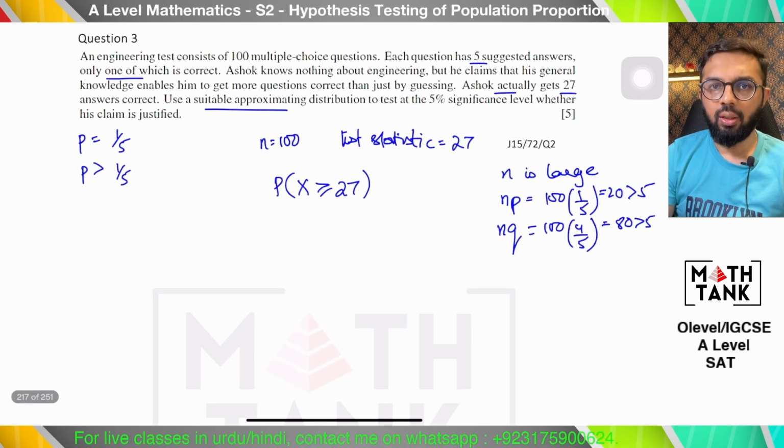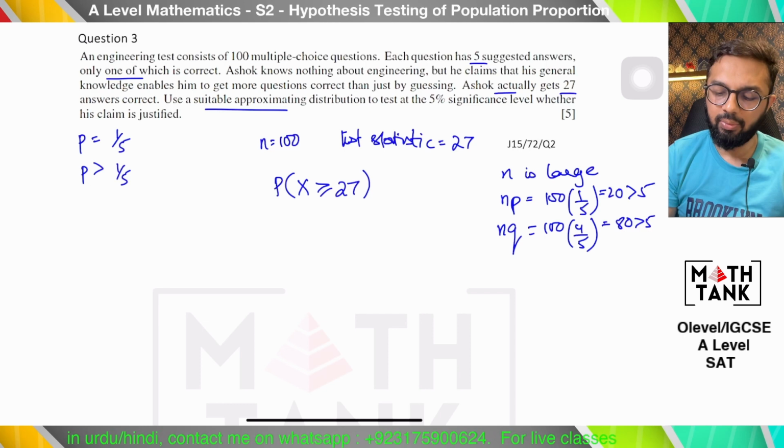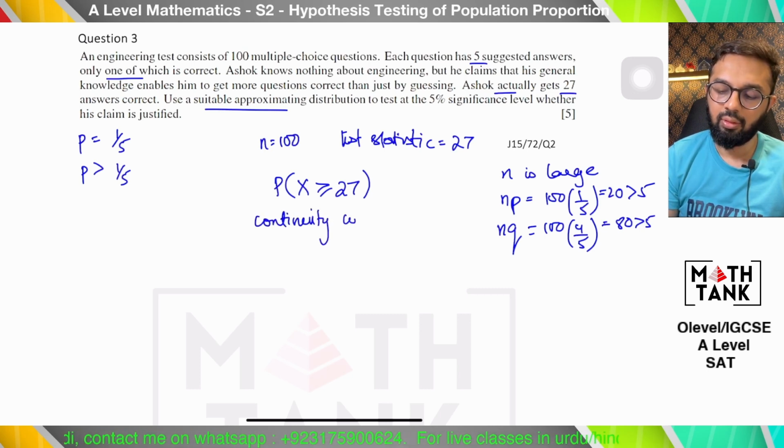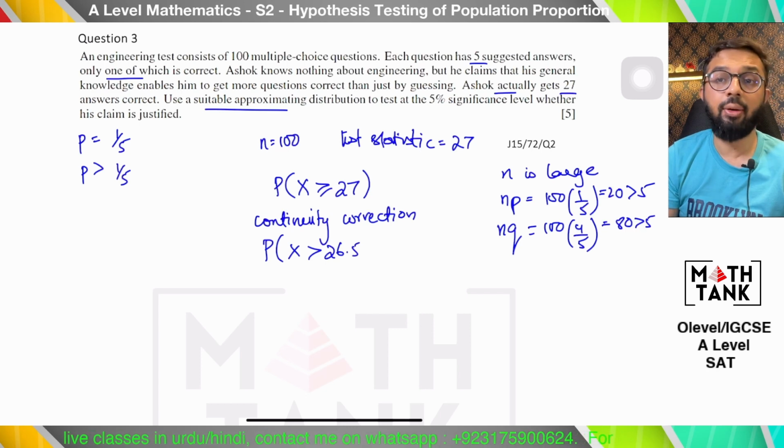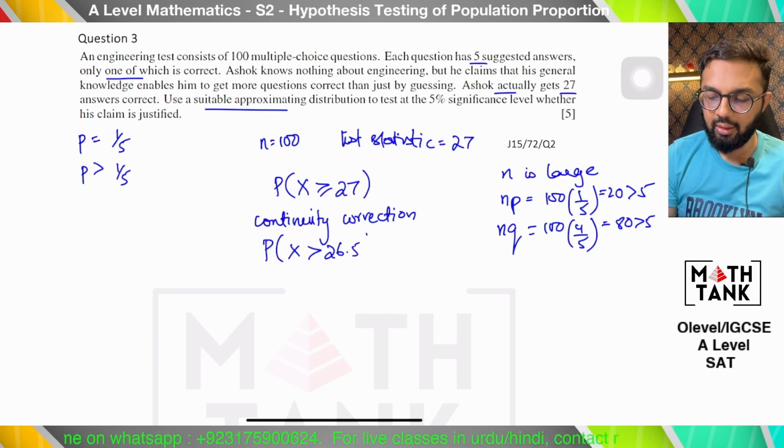Therefore, I'm going to convert from a binomial to a normal, and what I want to do is a continuity correction first. So I get probability of x greater than 26.5. All numbers that round off to 27 or greater are being considered here.